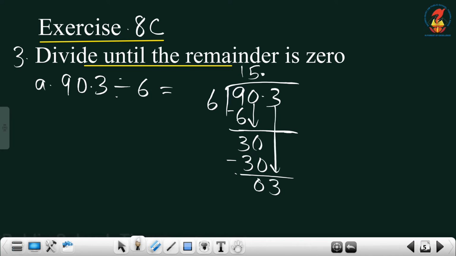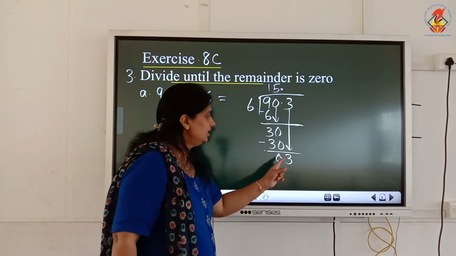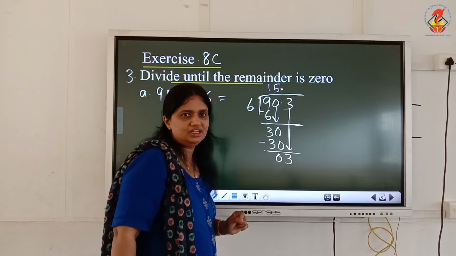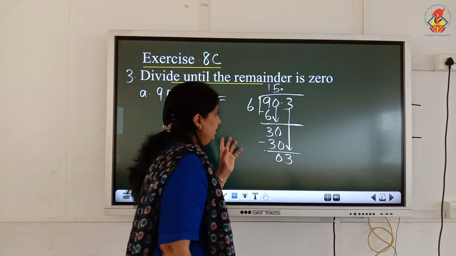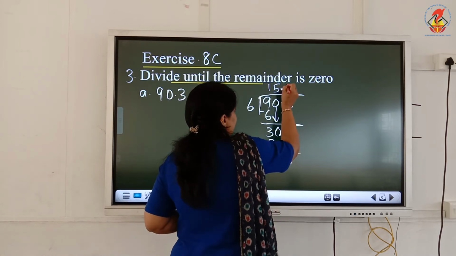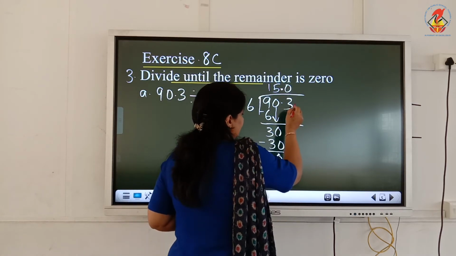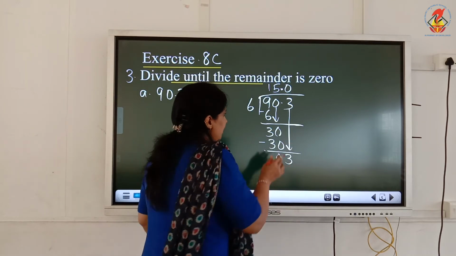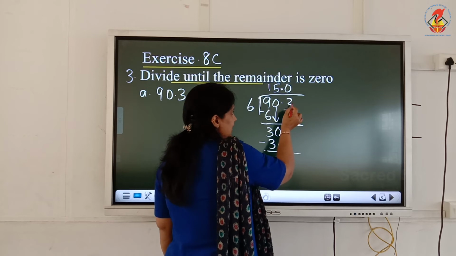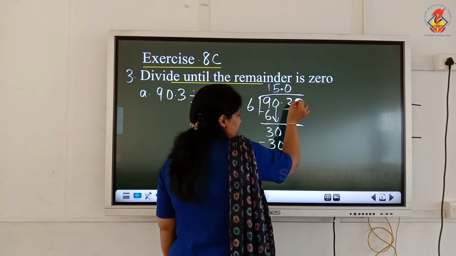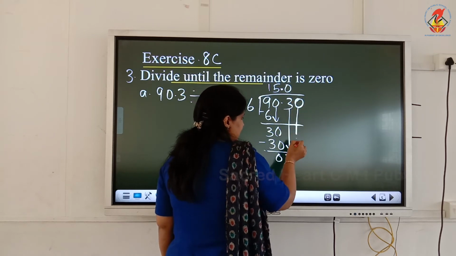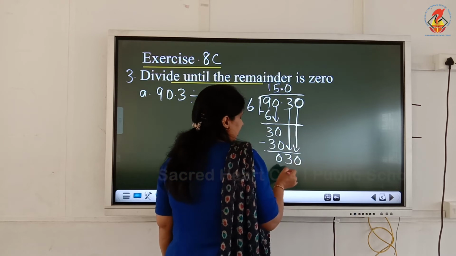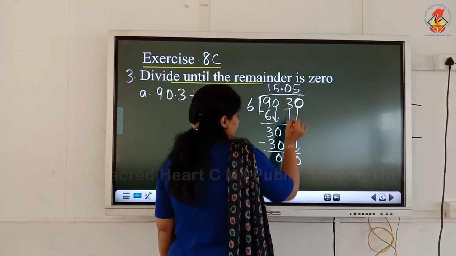But I took the next digit down, but that number is less than the divisor. I told you before, right? So what we want to do? We need to put one 0 here. Then only we need to take the next digit down. But we don't have a next digit here, right? So we need to put one 0 here. Then I can take that 0 also here. Okay, and 6 5s are what? 30.